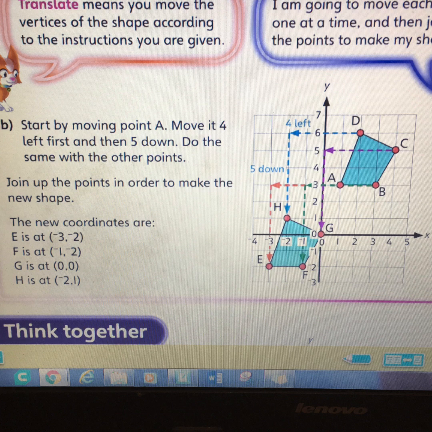And moving it 5 down, we started at +3, 3 take away 5 is -2. And you can see that that is the y coordinate for point E. So I would do this for every coordinate, redraw your shape, and it should look a bit like this.